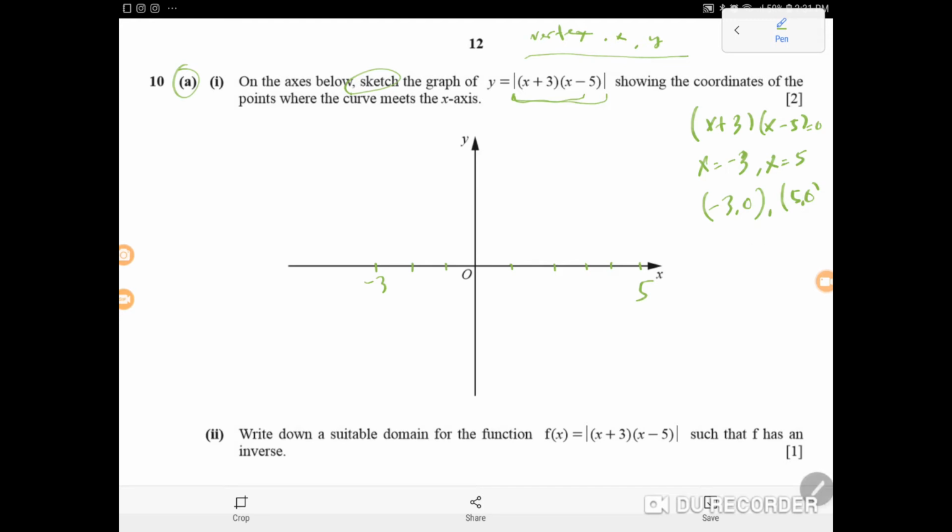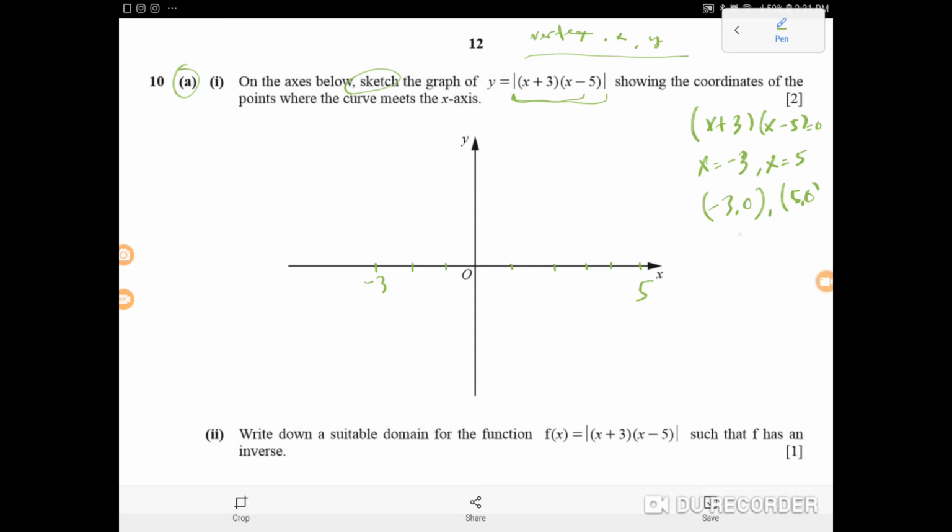Now let's find our vertex. There are multiple ways to find the vertex, but in this question, the easiest way is to add the two x-intercepts and divide by 2, and you'll have the x of the vertex. Then you put it back into the equation and you will have the y of the vertex.